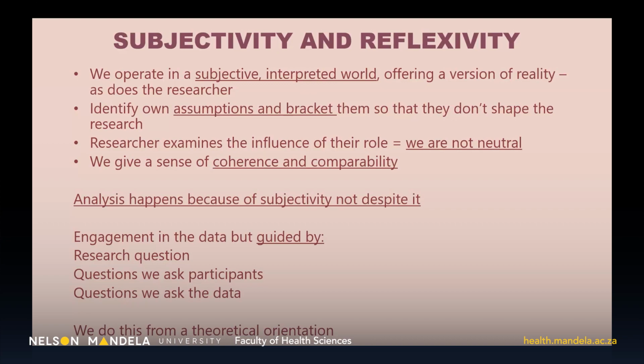All right. And we've got to then acknowledge our subjectivity and at the same time try to bracket away that we have too much influence in channeling data in a particular direction.